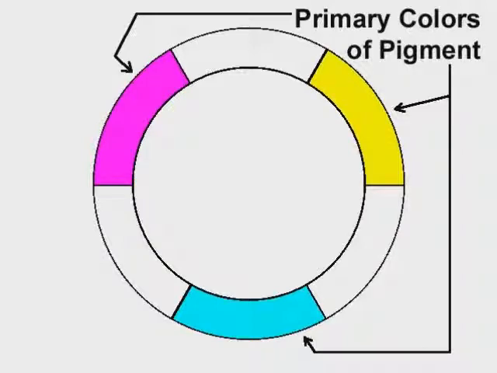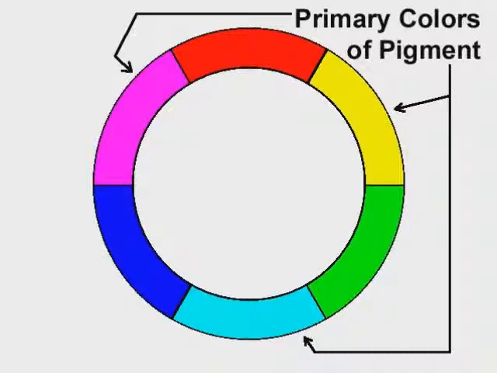If you mix yellow and magenta together, you get red. If you mix yellow and cyan together, you get green. If you mix cyan and magenta together, you get blue.